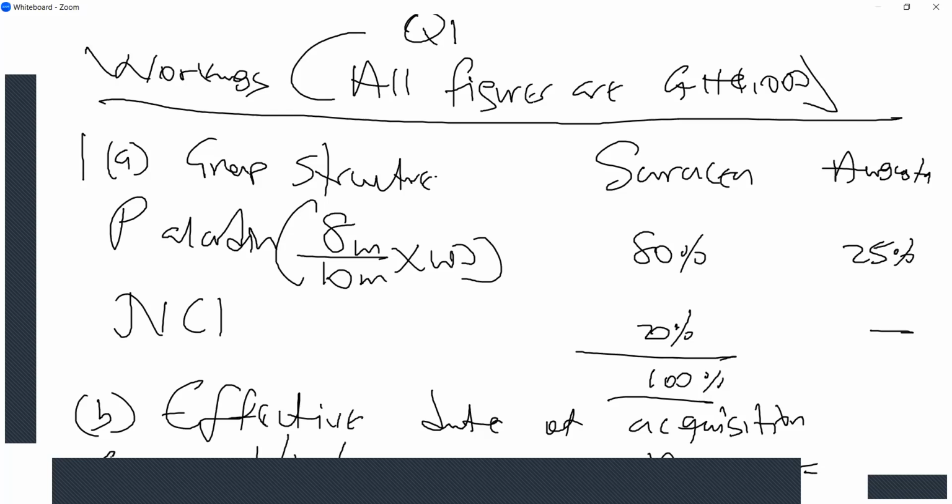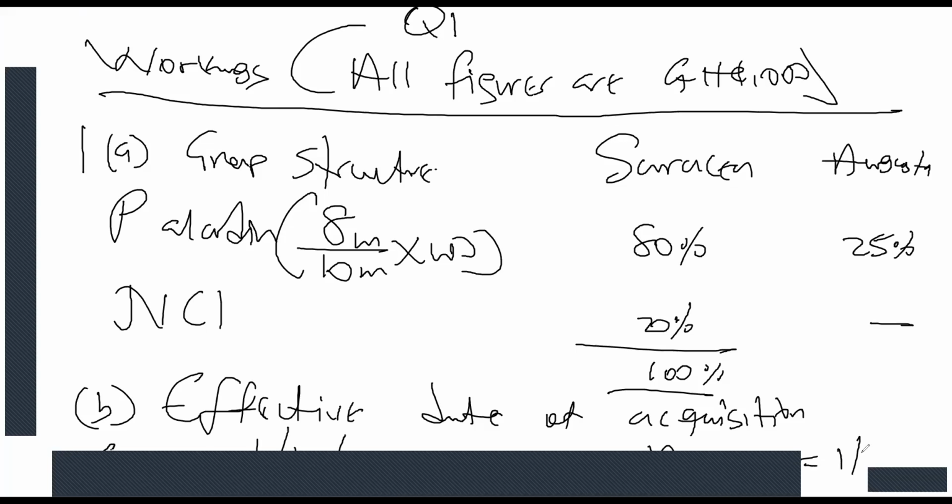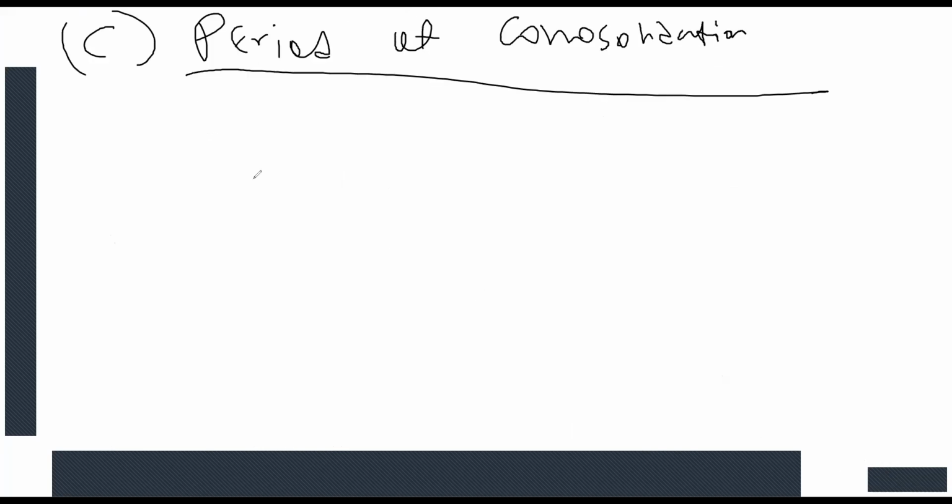Augusta's own is 1st February. Then let's do the period of consolidation for Saracen.